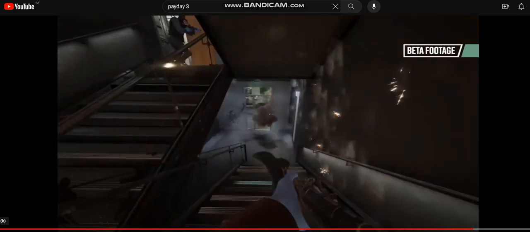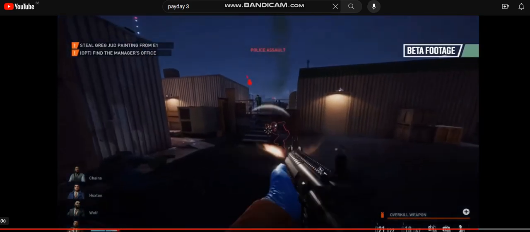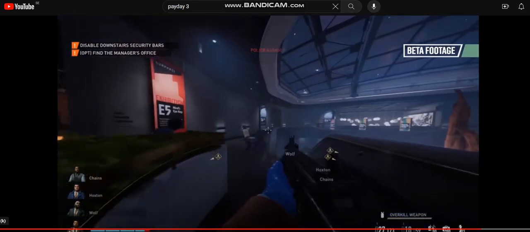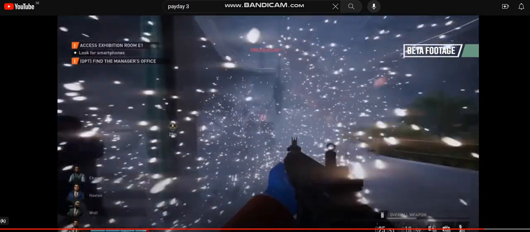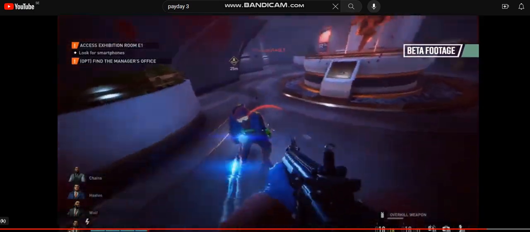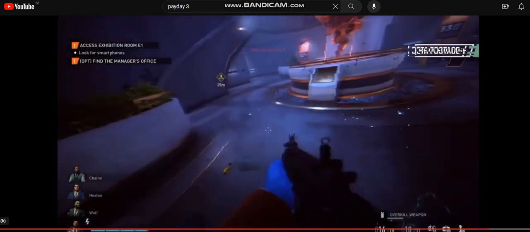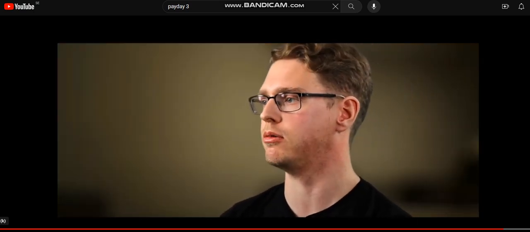We have IK for the hands, so even with mods and different weapons within each weapon family, they will hold the weapon much better than in Payday 2. So we have a much more future-proof system in Payday 3 than what we had in Payday 2.